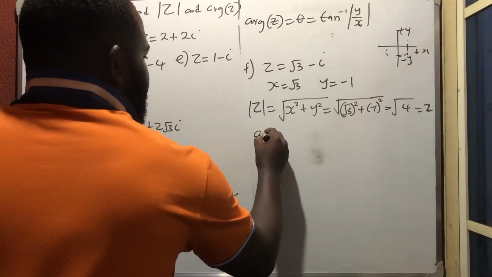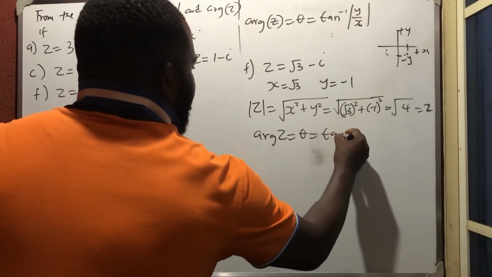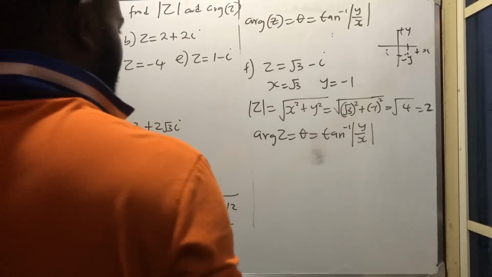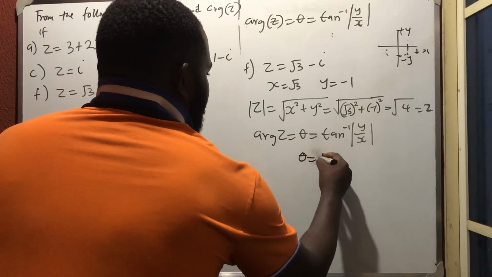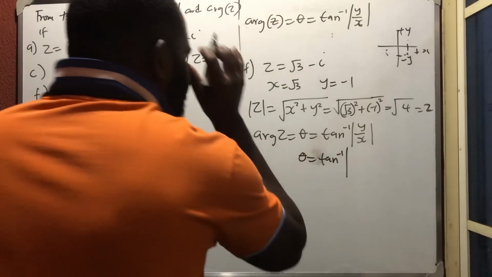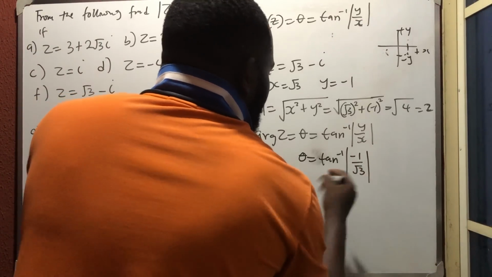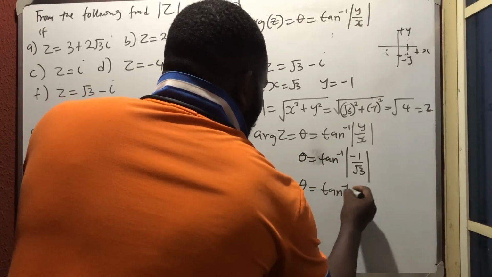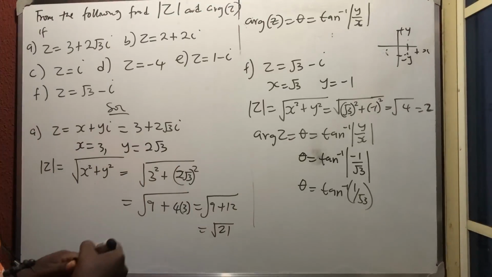So the argument of Z is simply theta, which is the tan inverse of the absolute value of y over x. So theta is equal to the tan inverse of the absolute value of minus 1 over root 3. We don't need the minus. So theta is the tan inverse of 1 over root 3, and tan 30 will give you 1 over root 3.